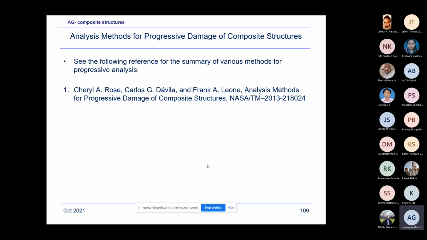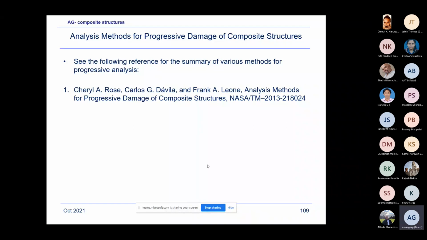Then what you do, you try to analyze, because you can't test 100 panels. But there could be, in your design, 100 scenarios for an aircraft, like a fuselage if it's composite, your wing, flaps, various components. So there are more than hundreds of details which you have to analyze.